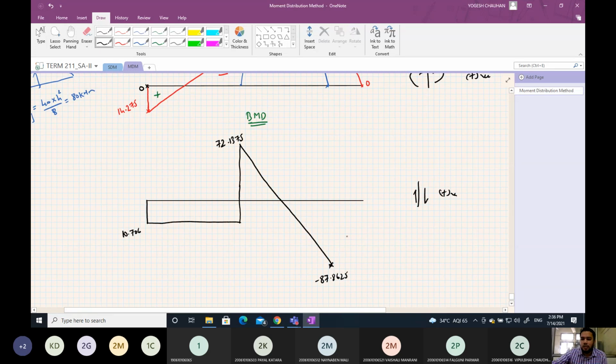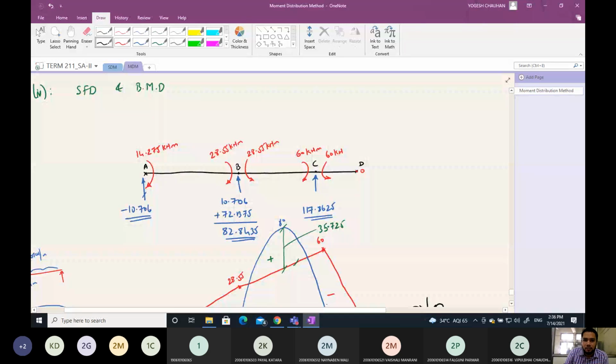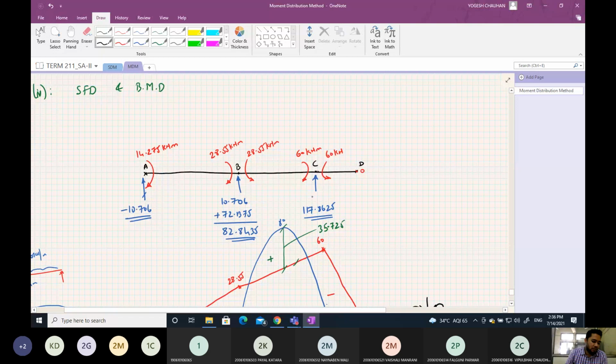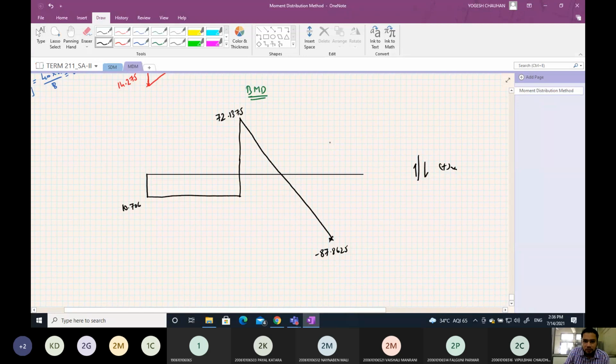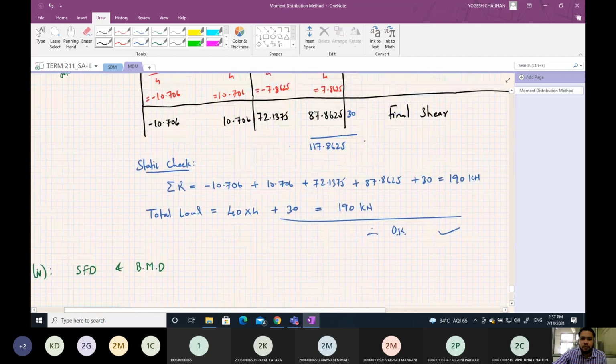Now just to the right of C, as we cross this, the 117.8625 load will come into picture. So plus 117.8625 will give you plus 30. Now this 30 will be constant up to the left of this point load.